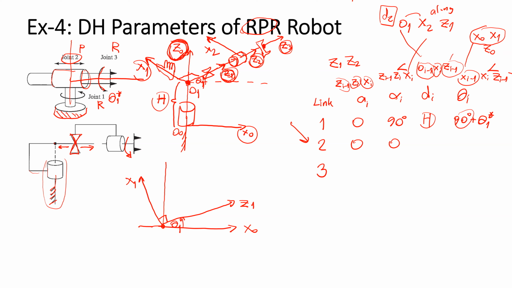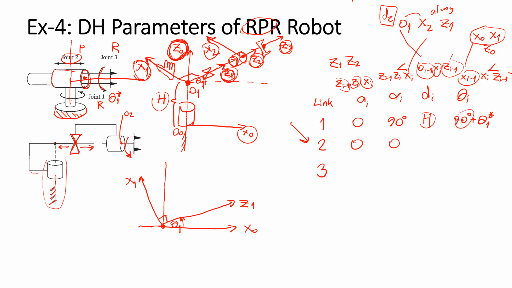Now I decide to put x2 on the top of the revolute joint. I put O2 here and x2 on the top of the revolute joint here, and I put x2 in the parallel direction with x1 in this case.